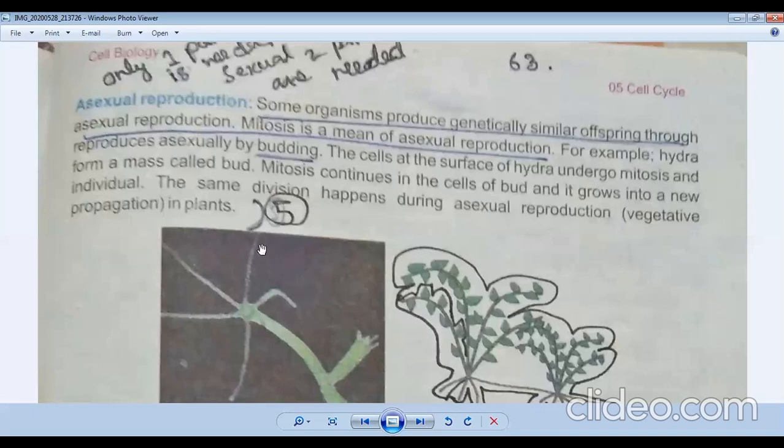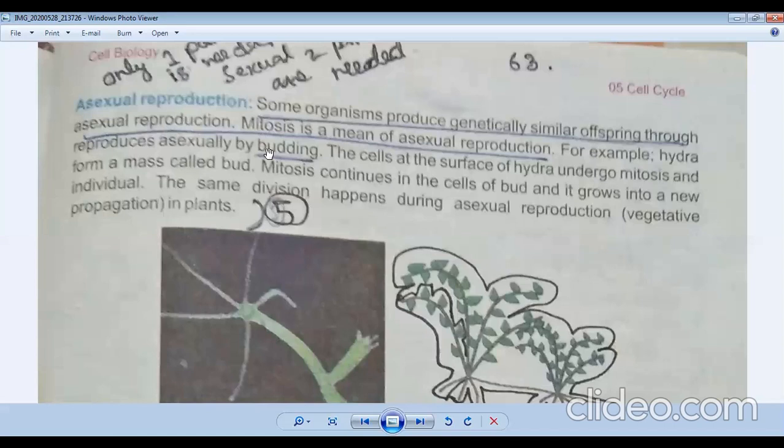Asexual reproduction is further divided into 5 groups. It can be by division, by budding, by spore formation, by fragmentation, or by parthenogenesis. Because we are now taking the example of Hydra, in Hydra asexual reproduction happens by budding.